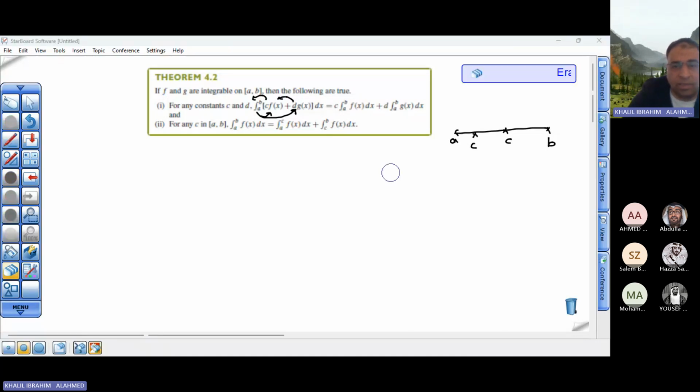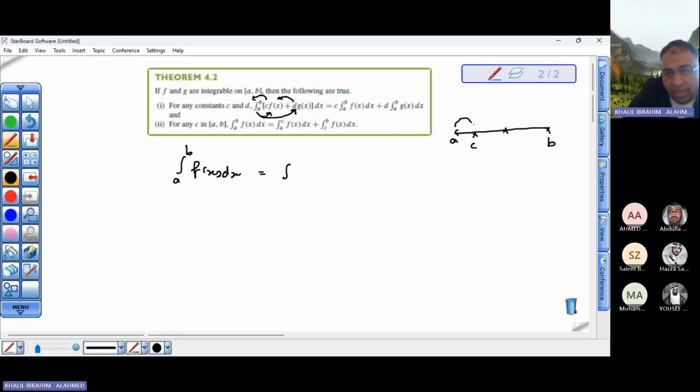Be careful about this, not only in the middle, maybe here or there, or any point between A and B. I can write the integral from a to b of f of x dx equals the integral from a to c of f of x dx plus the integral from c to b of f of x dx.